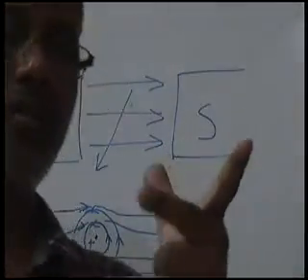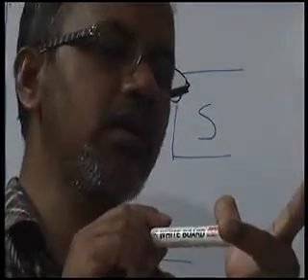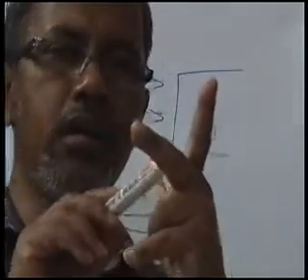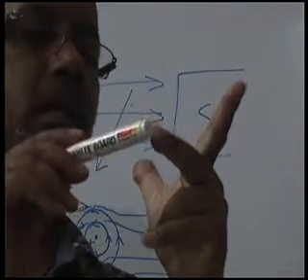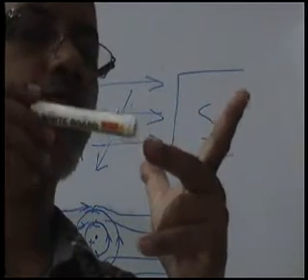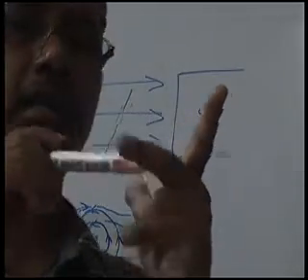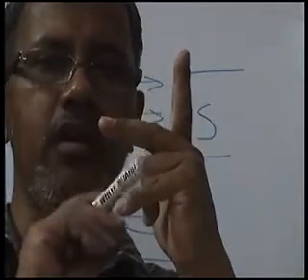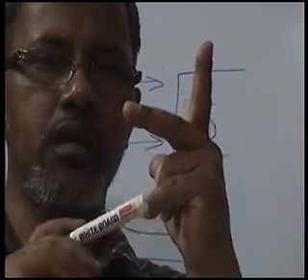So what is the left hand rule? It says that if a conductor is carrying a current from this end to this end, and it is placed in a magnetic field which points from this end to this end, that means perpendicular to the magnetic field, then it will experience a motion which is perpendicular to both of them.